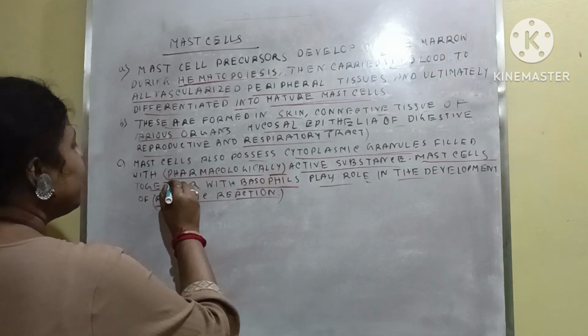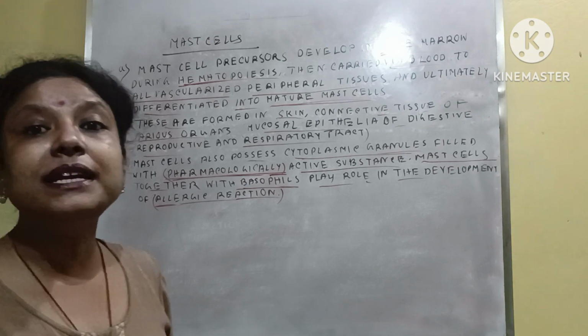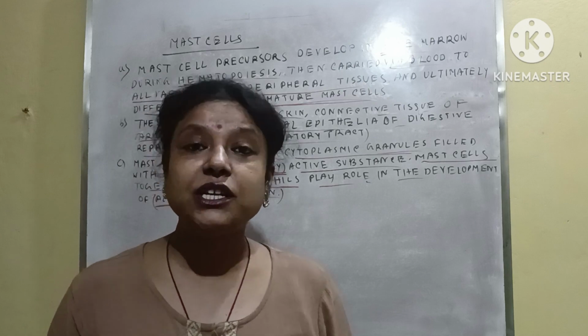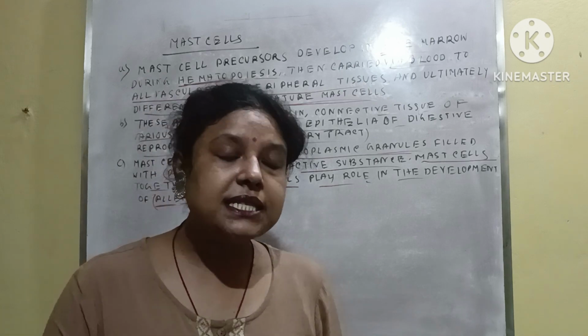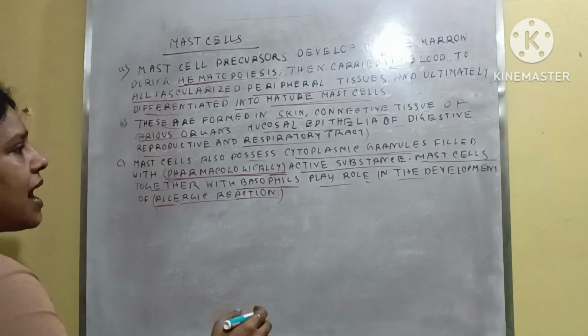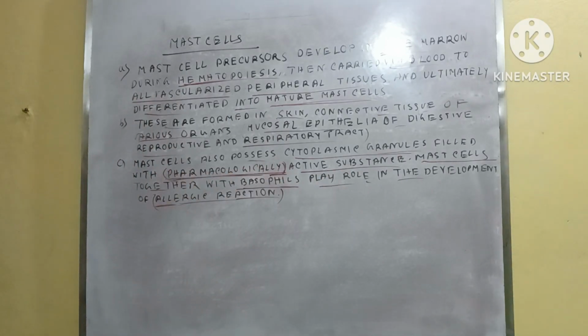What is the meaning of pharmacologically active? That means related with medicines, and that's why some medicines create side effects for us, or some medicines cause allergy in our body. So these are related with pharmacological substances.